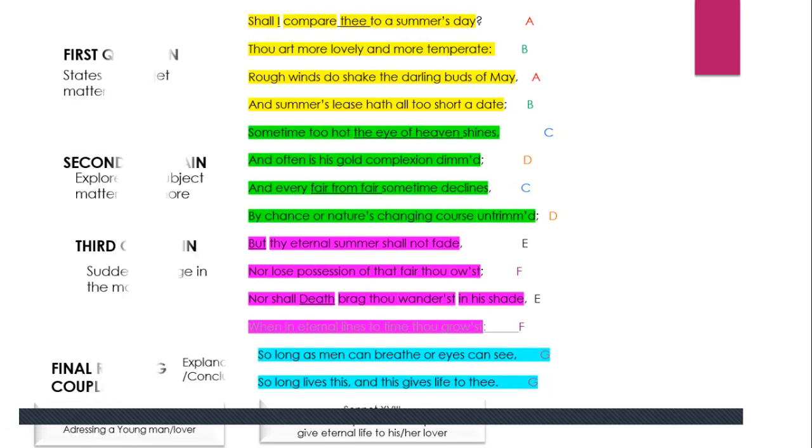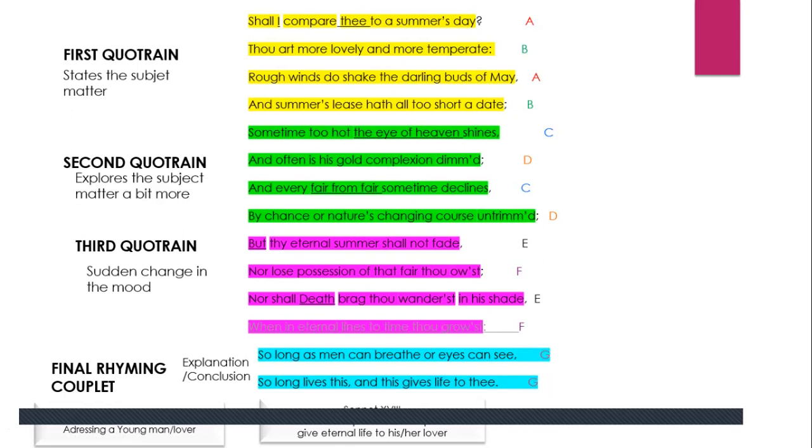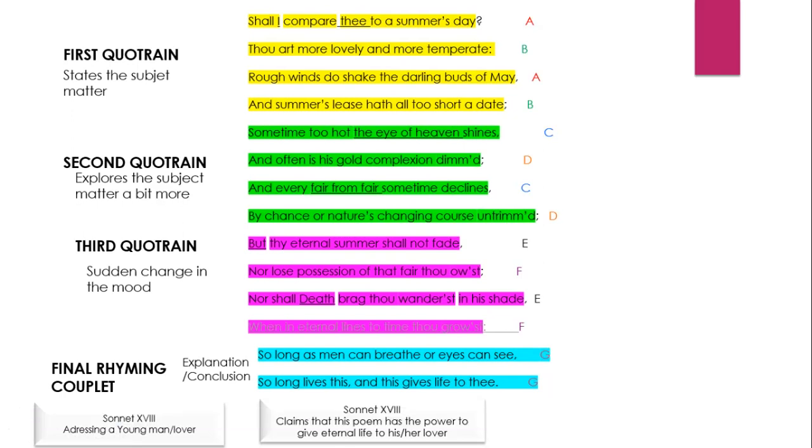Now let's analyze the meaning of each quatrain. The first quatrain states the subject matter. In general, we are going to speak generally about this, and then we will go to the specific words. The second quatrain explores the subject matter a little bit more.